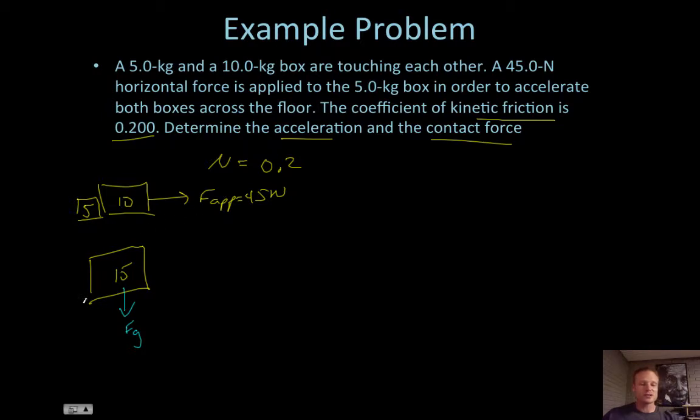Well, one thing we know for sure is that this box is in contact with the floor, and the floor is going to provide a normal force, F sub n. Also, this box is being pushed by something. We don't really know what it is, but something is pushing it, and that would be F applied, and we know that that is 45 newtons.